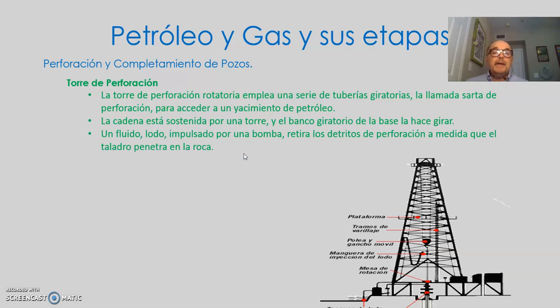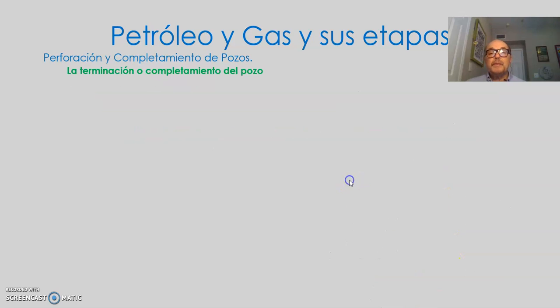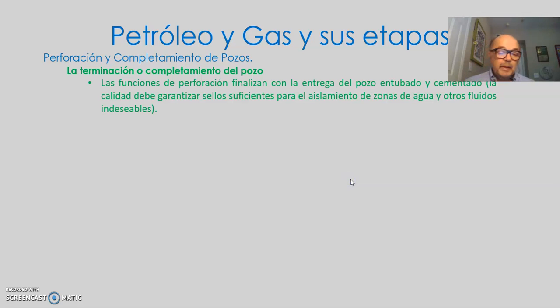Also the drilling fluid, which is pumped downhole, is supported by this derrick as we drill the well. So after we have the well completed, we can say it's not really completed until... well, sometimes the drilling department uses two kinds of rig.